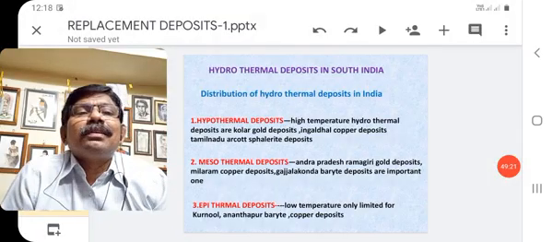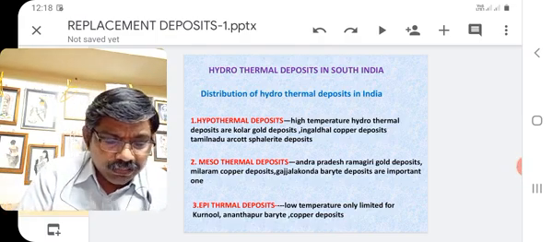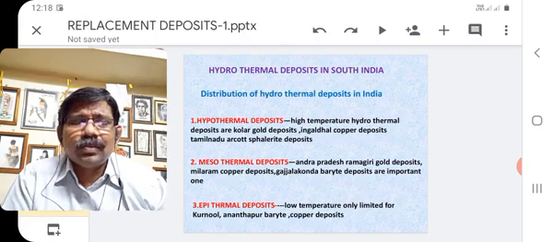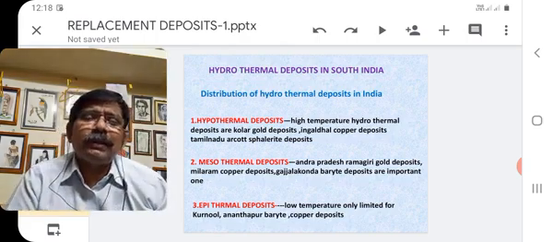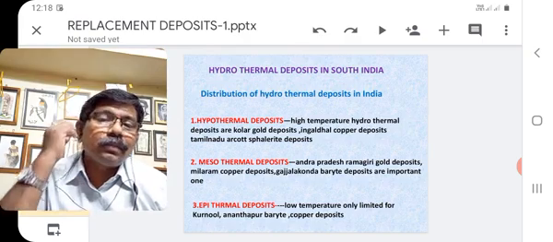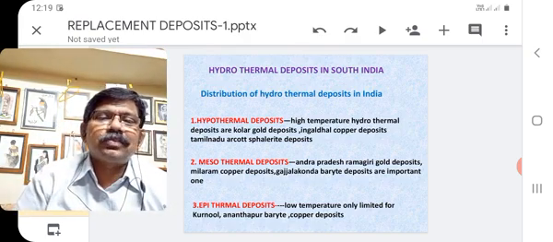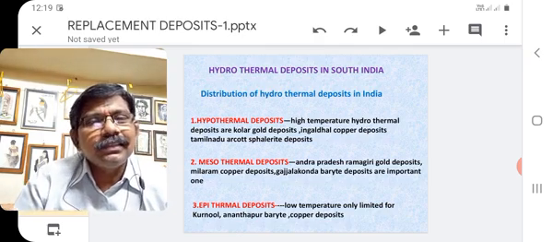The hydrothermal deposits totally in South India: abundant gold and copper are in North India also, but gold deposits are especially in the South India, right?